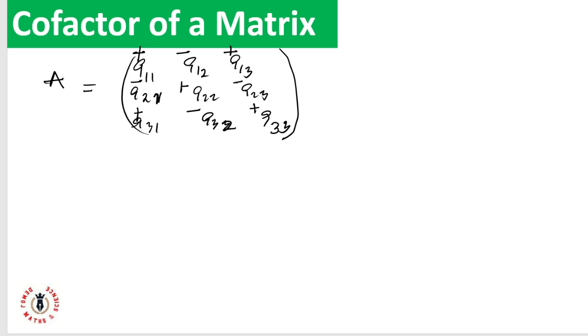How do I mean? Remember we said that for the element A11, the minor of A11 is equal to the determinant of the elements outside A11's row and column. That's A22, A23, A32, and A33.